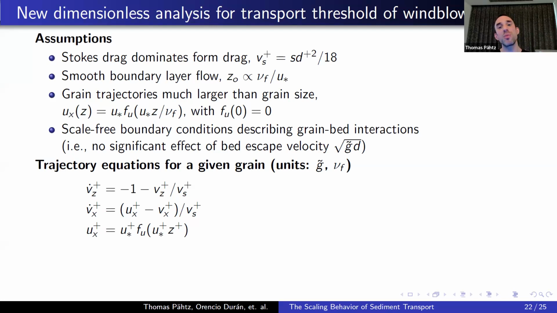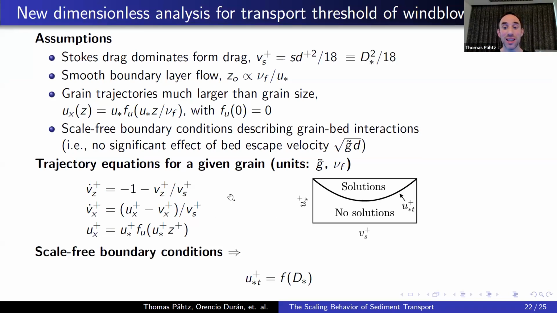So if you have a distribution of outgoing velocities, these equations link this distribution to the distribution of impact velocity. In addition, you have boundary conditions which link the distribution of impact velocities to the distribution of outgoing velocity, and these boundary conditions do not have another scale involved.